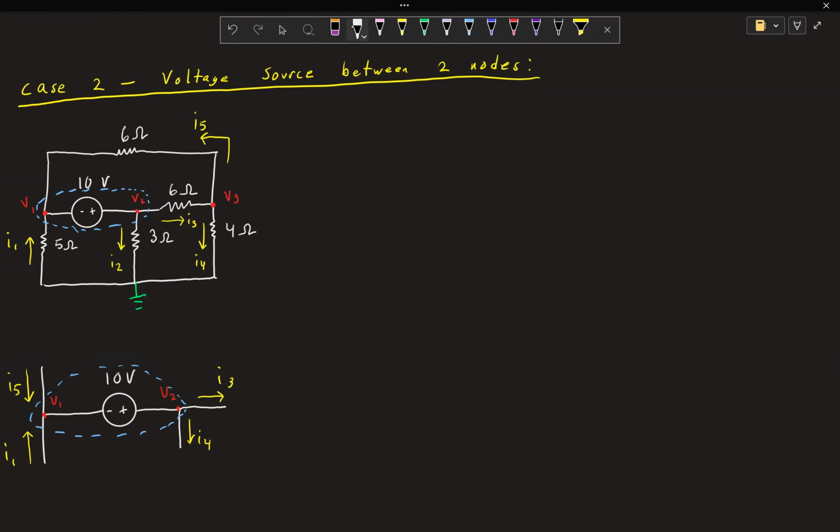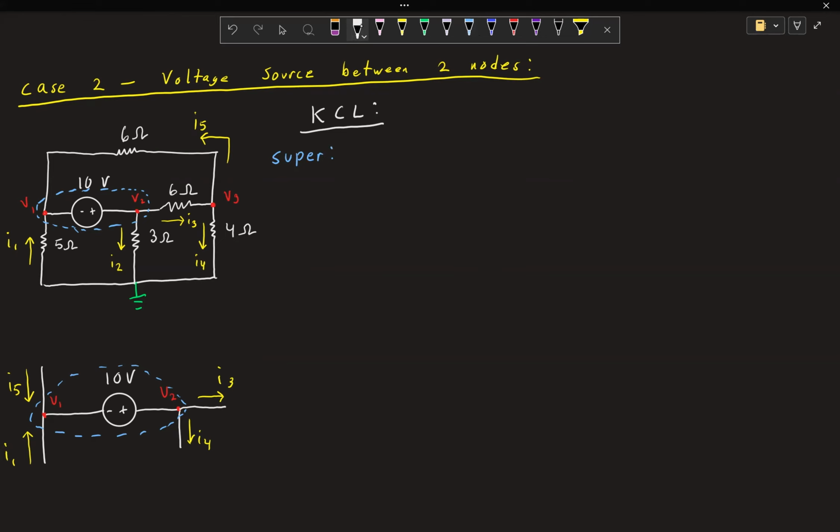Okay, so now we're just going to do a KCL following the same rules, except we're going to treat everything that's inside the dotted blue line as the node itself. So we're going to do a KCL at the supernode.